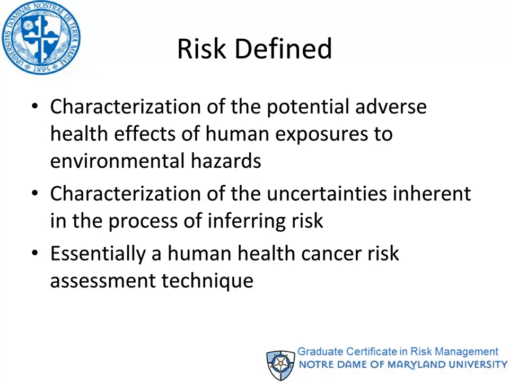This 1983 report defined risk as a characterization of the potential adverse health effects of human exposures to environmental hazards. It also defined risk as the characterization of the uncertainties inherent in the process of inferring risk. The process defined by the Red Book was essentially a human health cancer risk assessment technique.